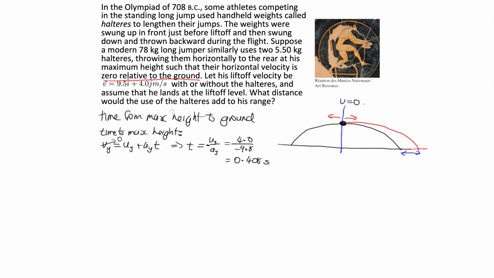Now I know that without the halters the horizontal velocity doesn't change. So without halters, Vx is equal to 9.5 meters per second. So I can easily calculate the range without halters from maximum height, because that's where the difference is, by simply multiplying the time by the speed.